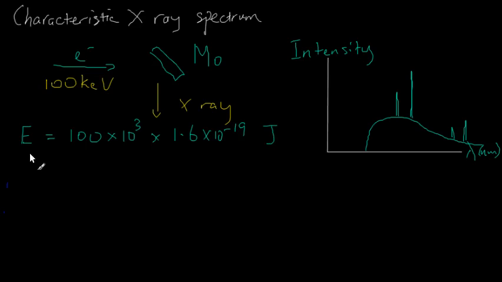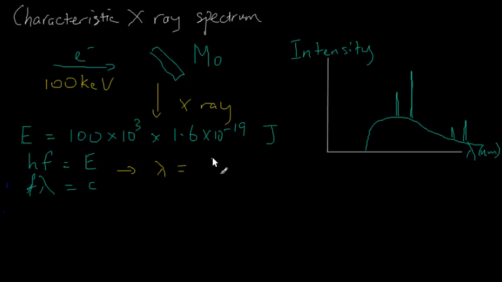So since hf is the photon energy, that will be equal to this value, and since fλ is equal to the speed of light, we can find the corresponding minimum wavelength.